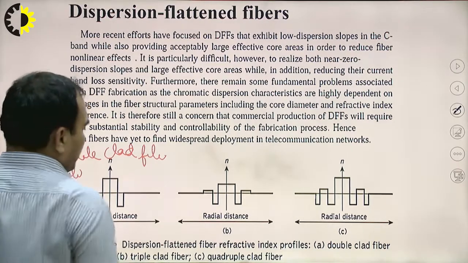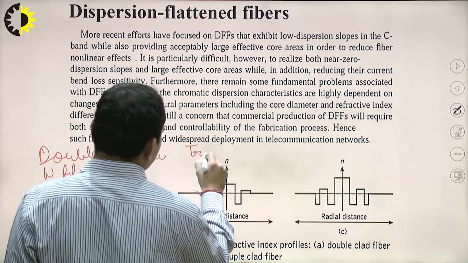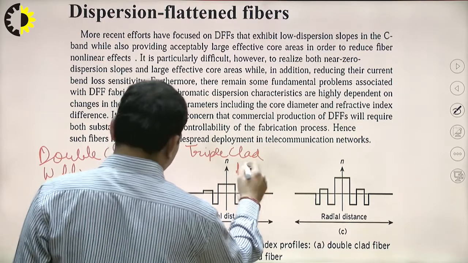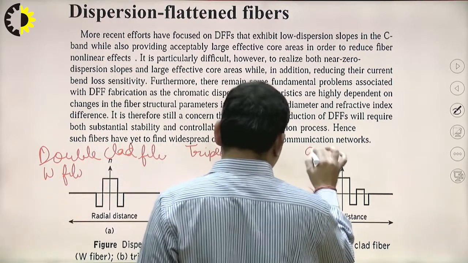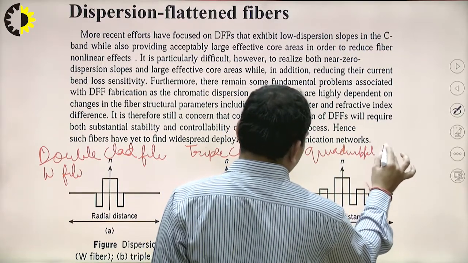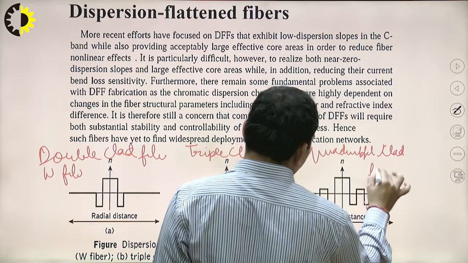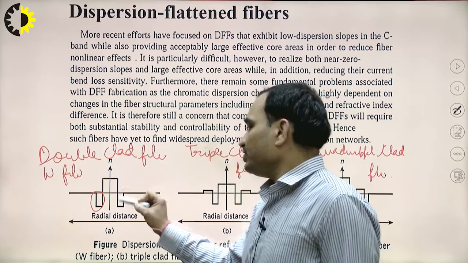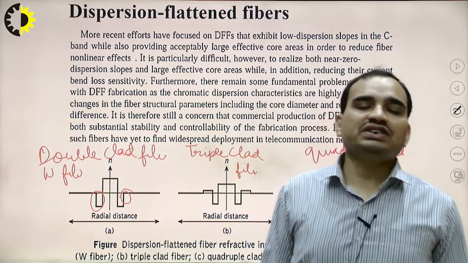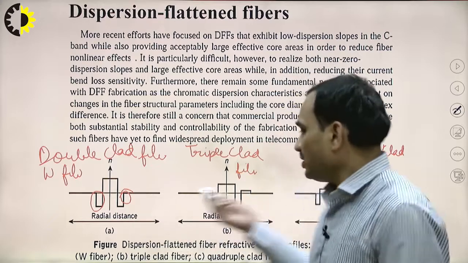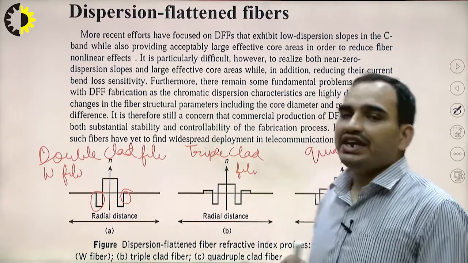The next one is a triple clad fiber, and the third one is a quadruple clad fiber. In the previous cases, we have seen that the core refractive index profile was changed, but in all three of these cases, we are changing the cladding profile.